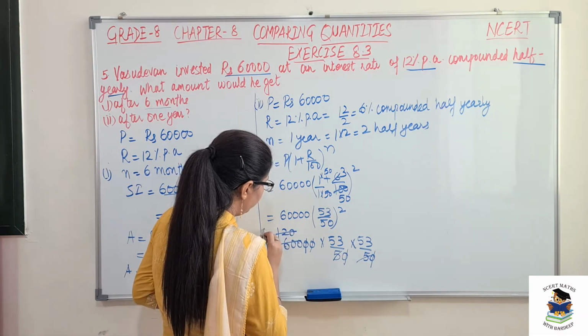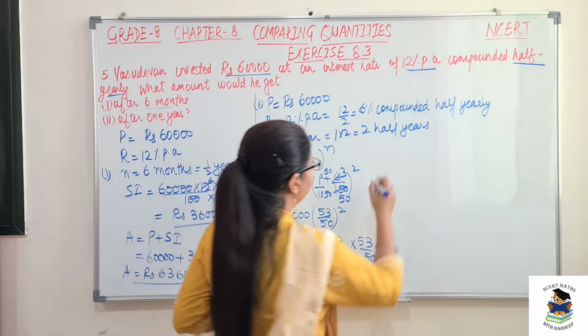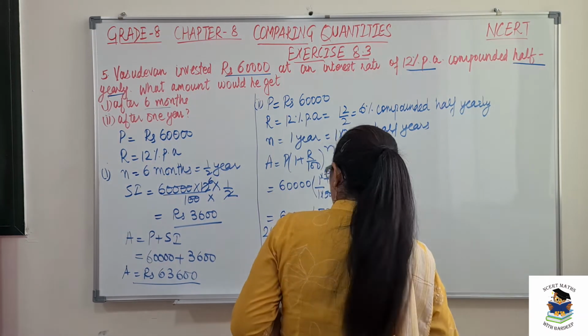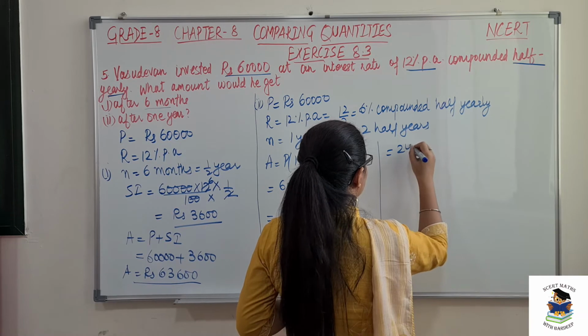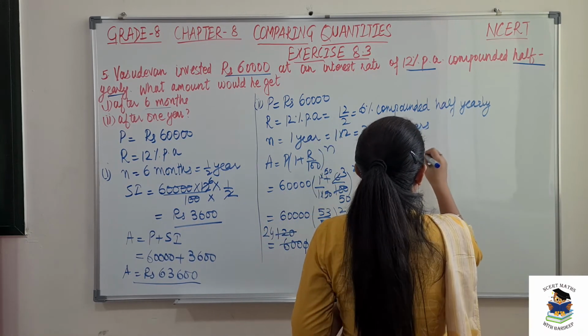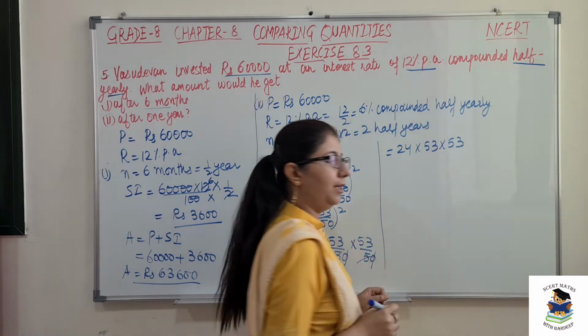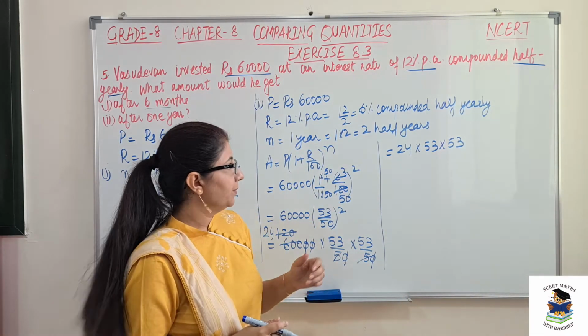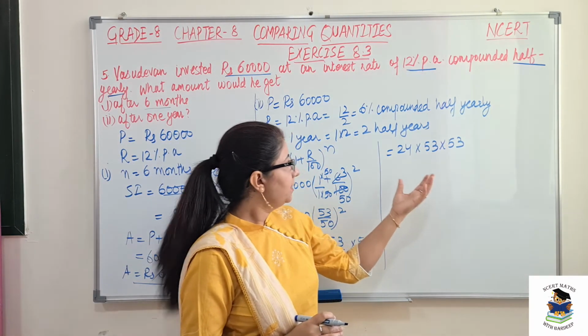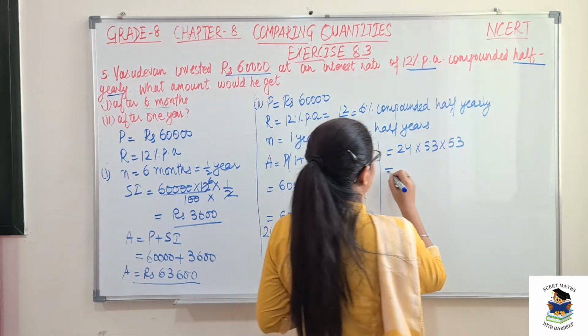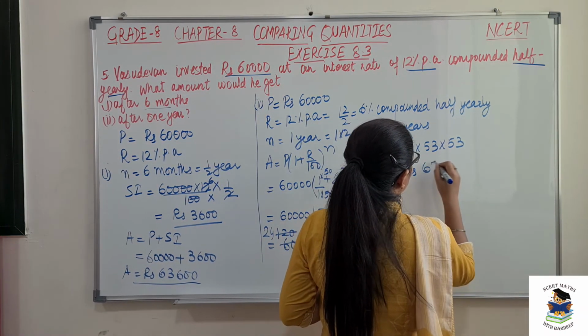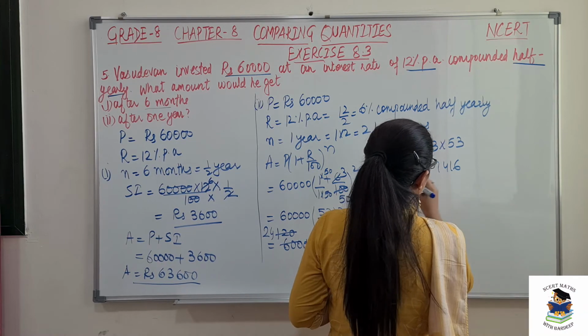So here it is 24. So we will get this as 24 multiplied by 53 multiplied by 53. When you multiply this, you will get 67416 rupees.